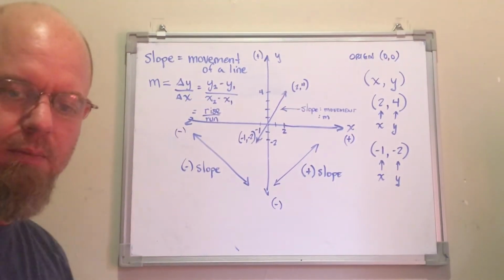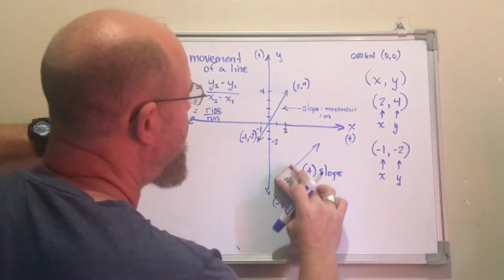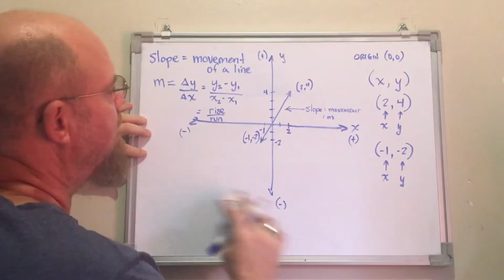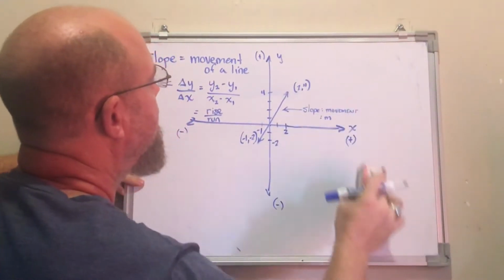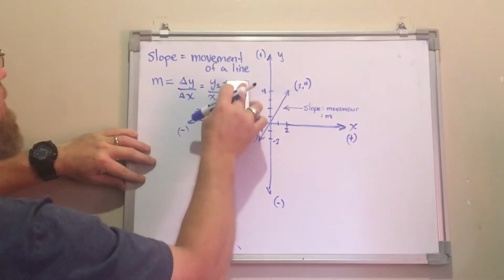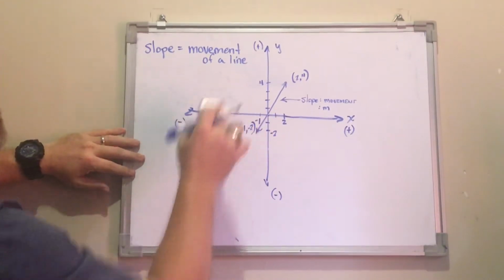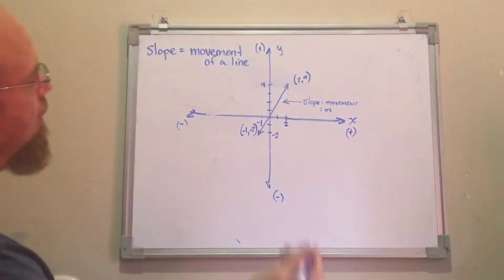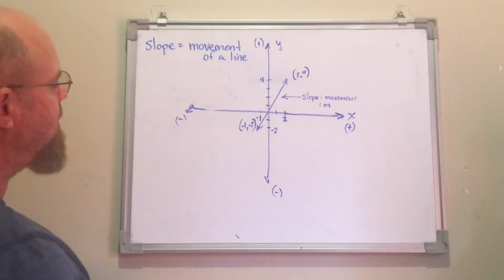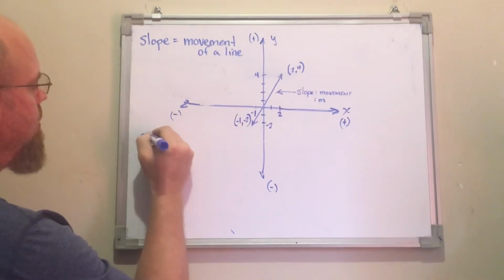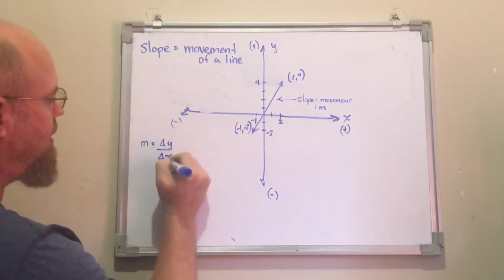Okay? So, let me erase some of this stuff. All right, we got positive and negative slope. Here's your points. All right? So, let me take all these out. Okay? So what we're going to do is we're going to figure out what is the slope of this line. Well, we can certainly figure that out because the slope equals the change in y over the change in x.